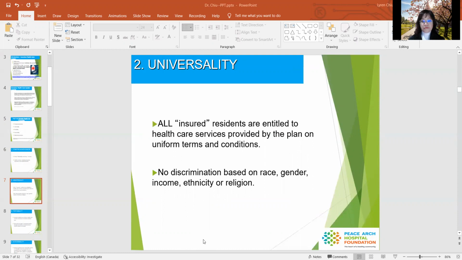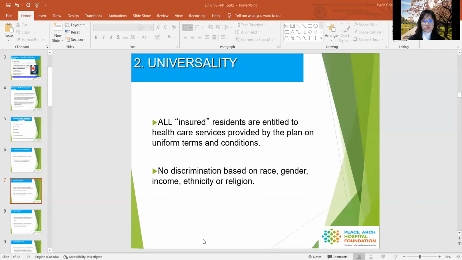There should not be discrimination based on race, gender, income, ethnicity, or religion.